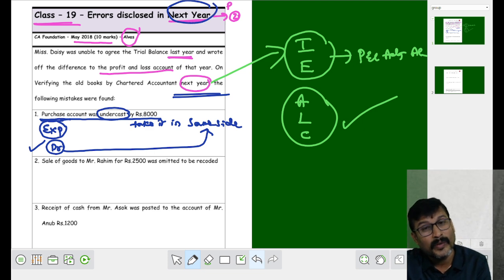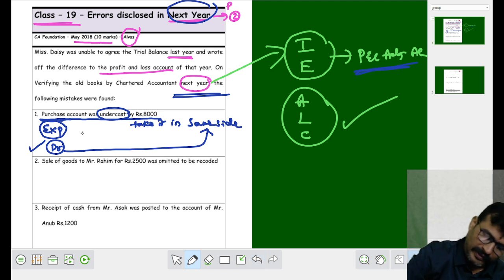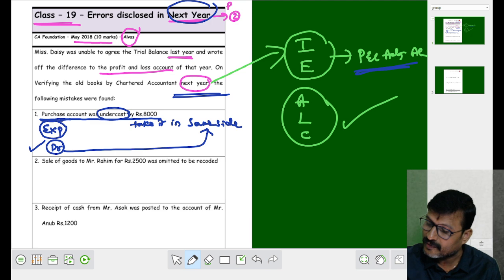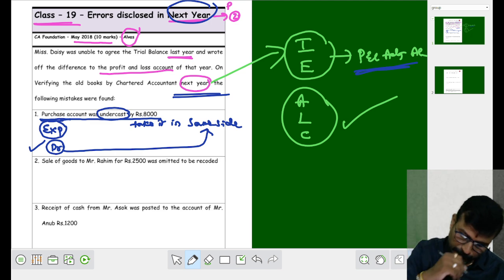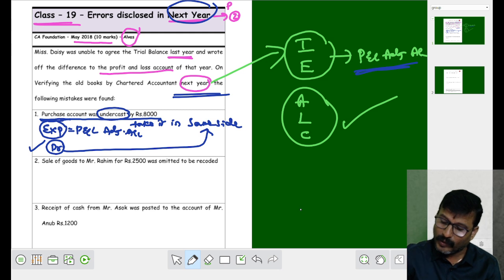In such a case, what do we have to use? I told you, we have to use P&L adjustment account. So in the place of expenses, we have to replace it with P&L adjustment account.